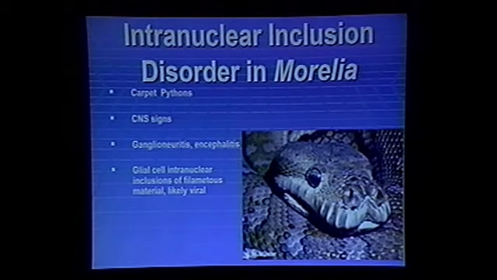The next disorder that I would like to discuss is an intranuclear inclusion disorder that occurs in Morelia, particularly carpet pythons. This condition manifests as central nervous system signs, and histologically there is ganglioneuritis and encephalitis and glial cell intranuclear inclusions of filamentous material.